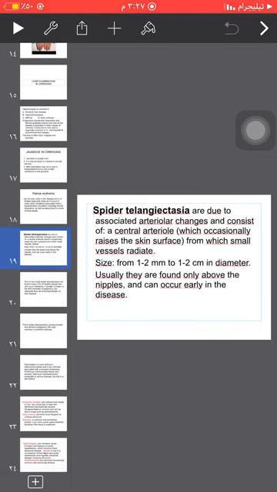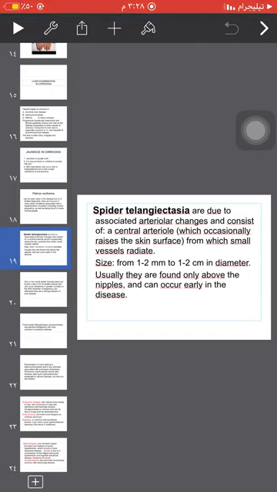Spider telangiectasia or spider nevi are due to the arteriolar change and consist of a central arteriole, which is associated with the skin surface raised from small vessels that radiate. يعني المكان اللي يصير بسبايدر نيفا راح يكون skin raised and blanched on the pressure، يعني من تضغط عليه يختفي، من تشيل يدك ترجع. السايز من 1 ل 2 مل إلى 1 ل 2 سنتيم.